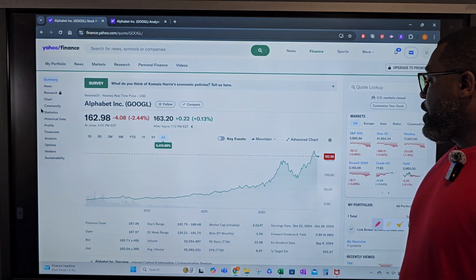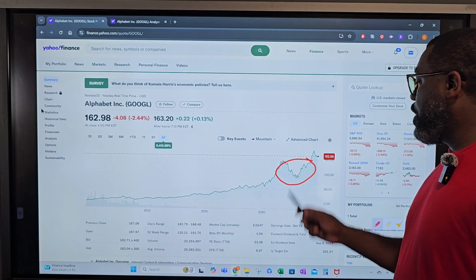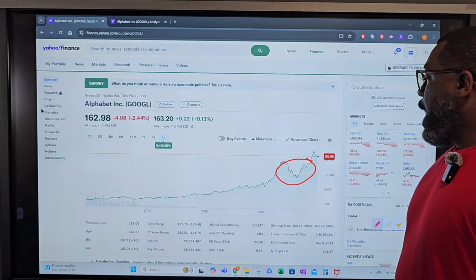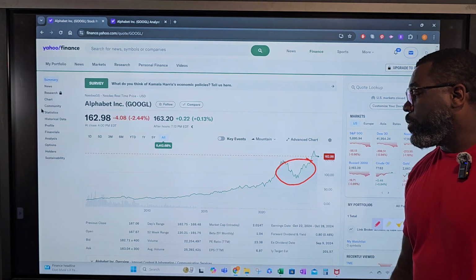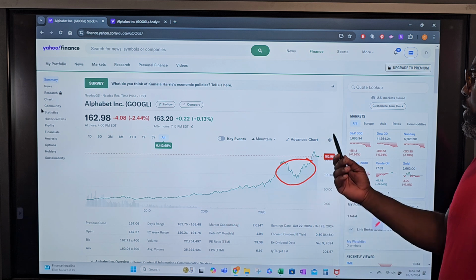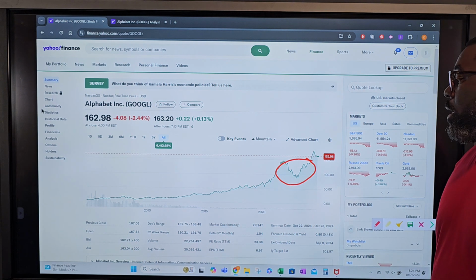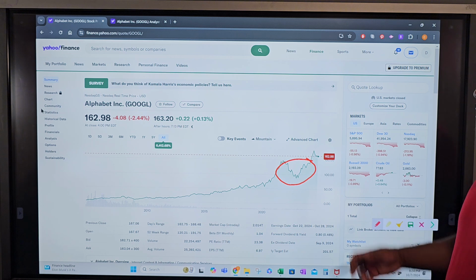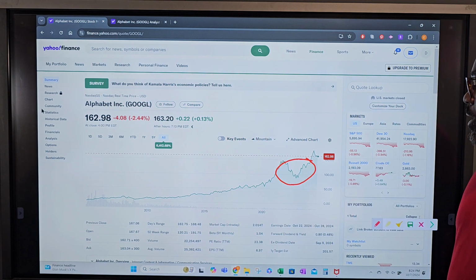It looks like over the past few years there was a pretty decent buying opportunity as the stock dropped from 2022 all the way through 2023. And now it's back up close to all-time highs. So we had a great buying opportunity there, great for you if you bought during that time.